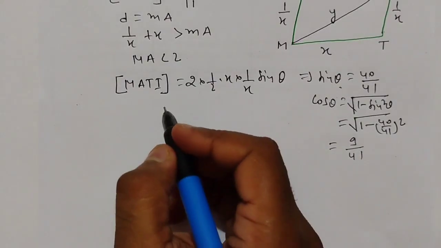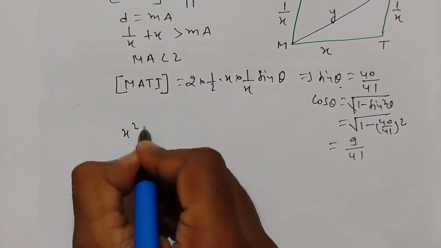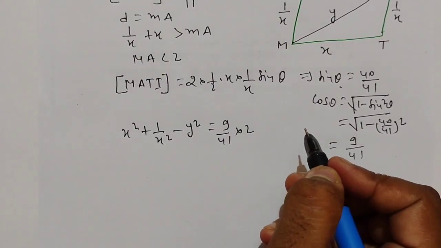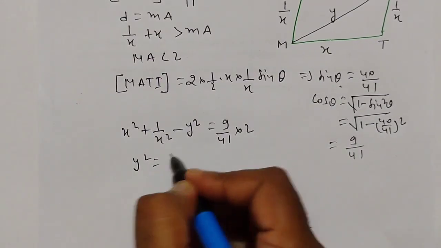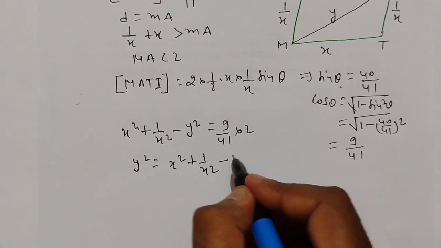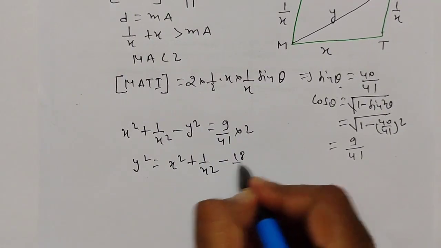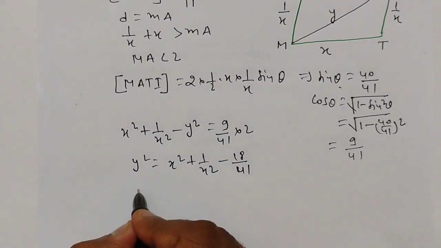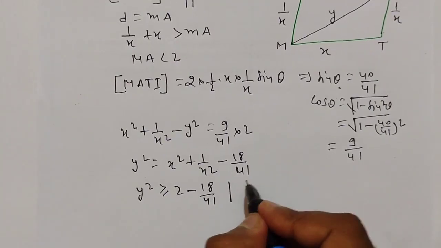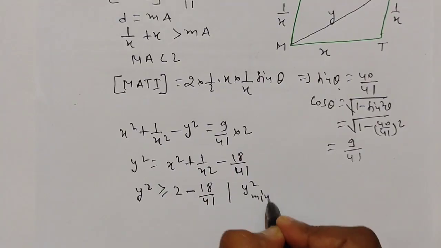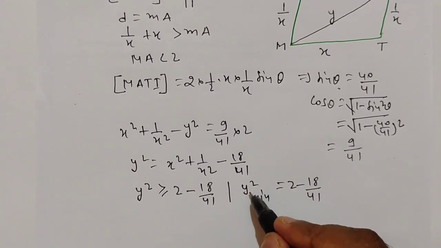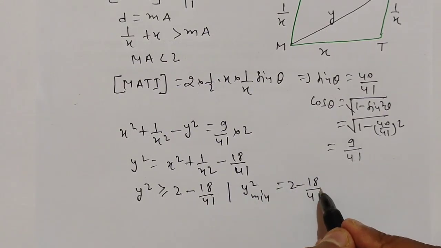So here we can write x square plus 1 by x square minus y square is equal to 9 by 41 into 2, and here the value of y square is equal to x square plus 1 by x square minus 9 by 41 into 2, 9 into 18 by 41, and here we can write the value y square is greater than or equal to 2 minus 18 by 41, and here the y square will be minimum at 2 minus 18 by 41, because we have the minimum value of y square is equal to 2 minus 18 by 41.